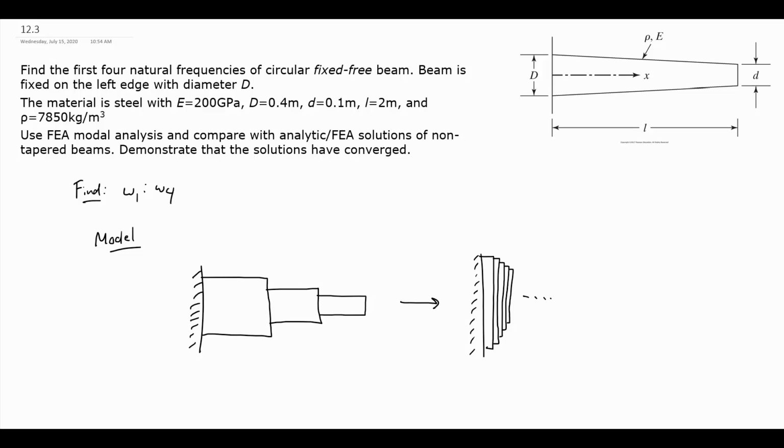So I won't keep drawing them, but that's what would be happening. It's going to be a much smoother transition and approximate the taper better, in this case, that linear taper.